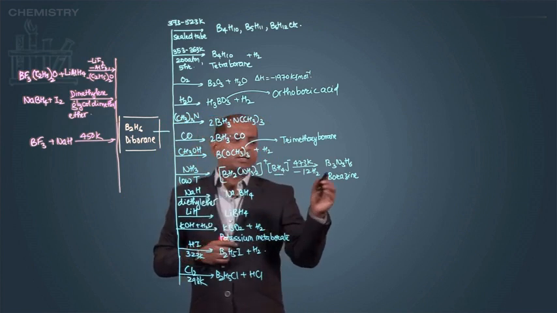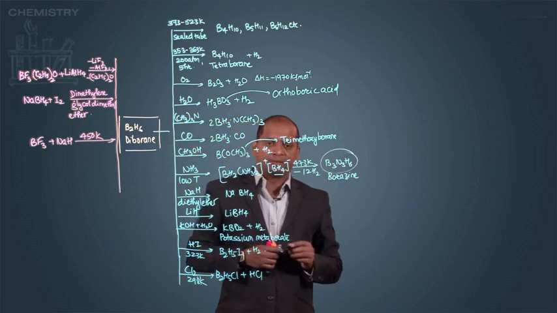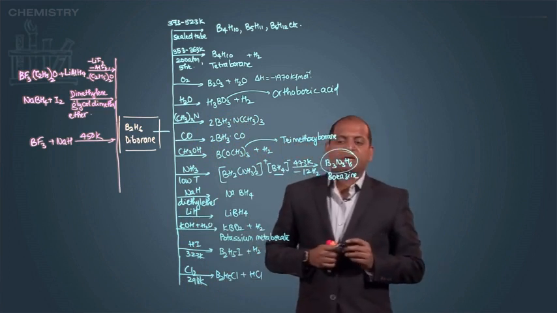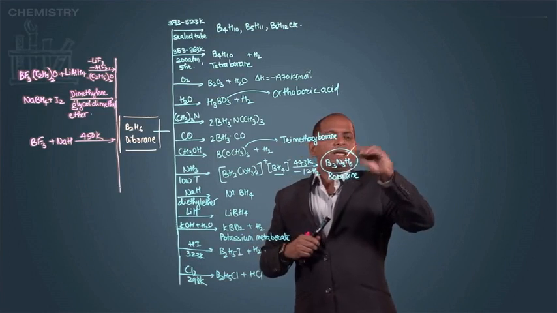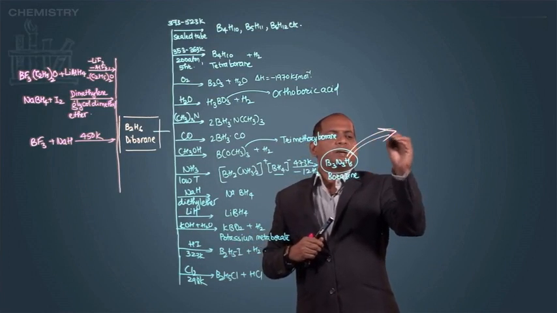If we heat it further, we get the compound B3N3H6, which is called borazine. The structure of borazine is like this.